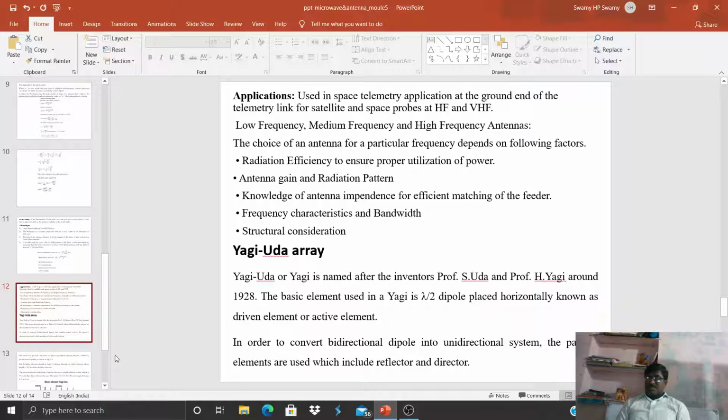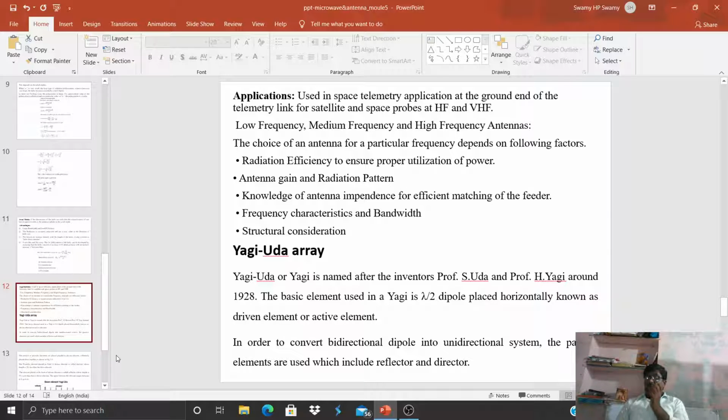Those factors are radiation efficiency to ensure proper utilization of the power, antenna gain and radiation pattern, knowledge of antenna impedance for efficient matching of the feeder, frequency characteristics and bandwidth, and structural consideration. What are the factors the choice of an antenna at a particular frequency depends on?